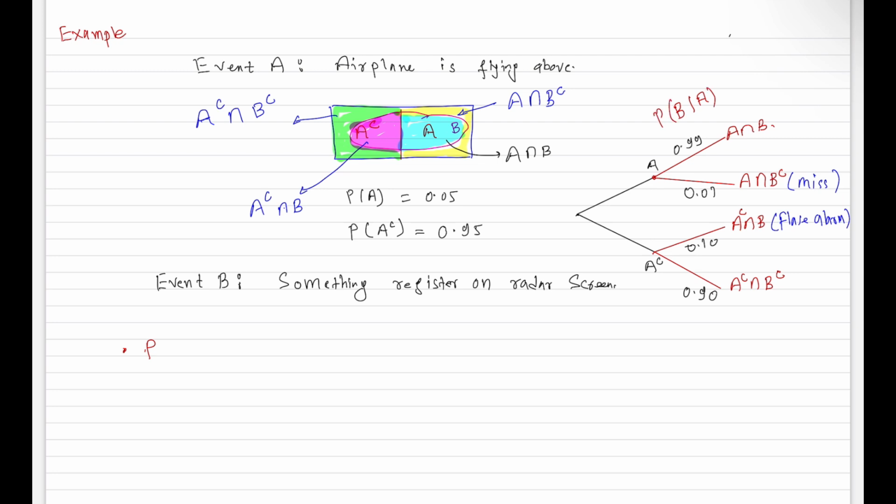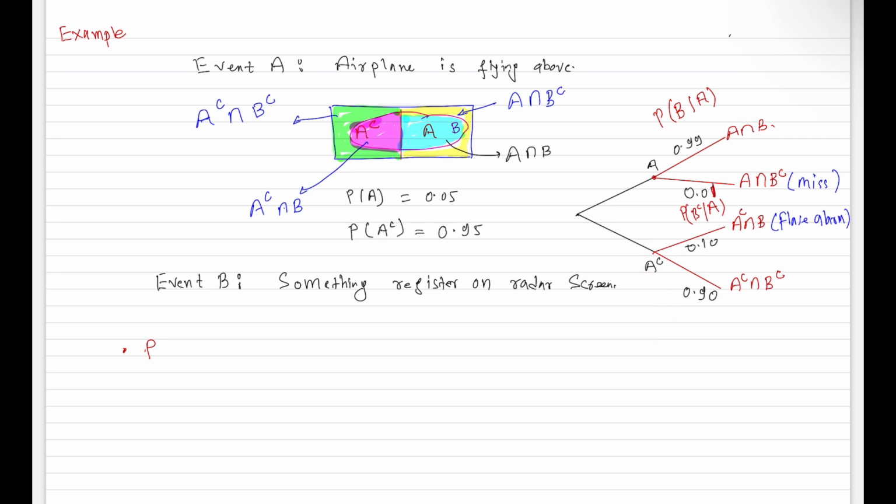That is 99%. And what is this probability? We are saying that event A has occurred, and what's the probability of B complement, right?